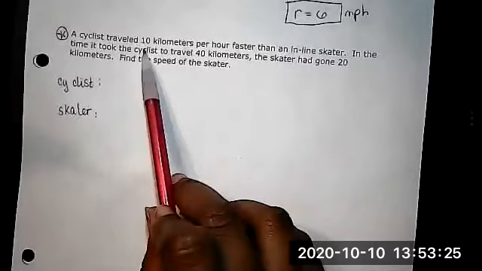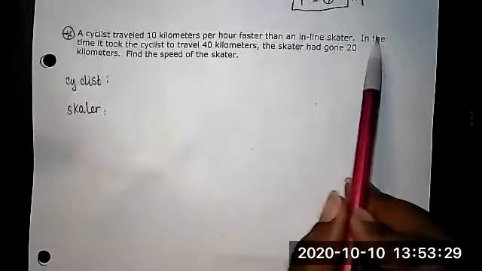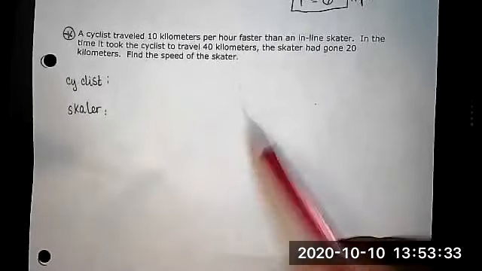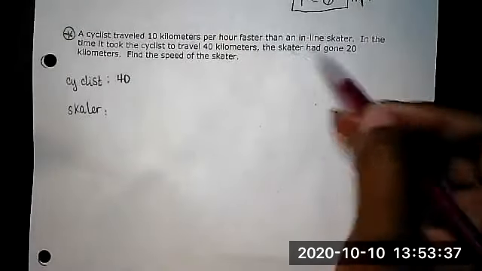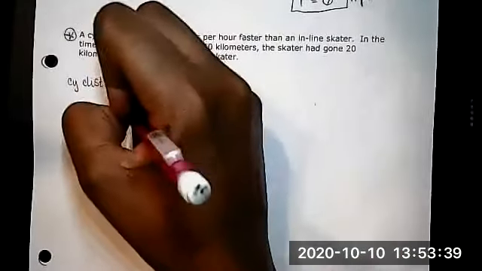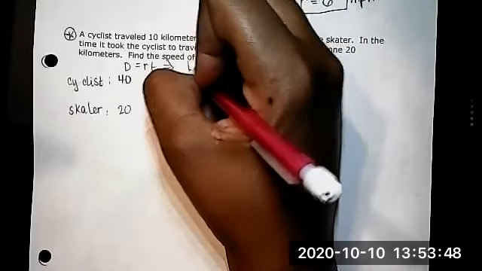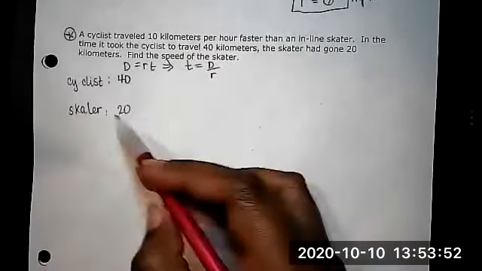In the time it took the cyclist to travel 40 kilometers, which is the distance, the skater had gone 20 kilometers. That's the distance, because distance equals rate times time, and what's important is that time equals distance over rate, okay?